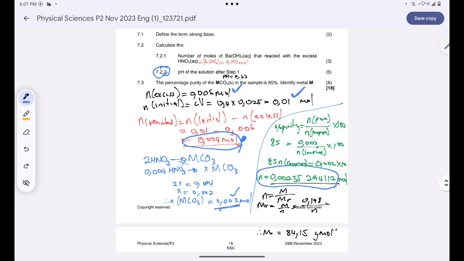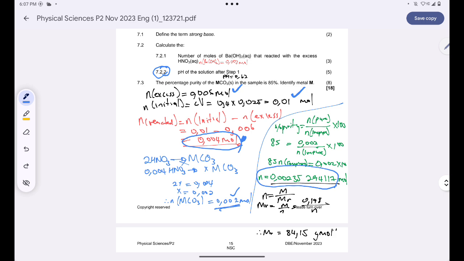Are you together? And then after finding the impure number of moles, I was given the impure mass. I used my formula to calculate the molar mass of the substance, which is M carbonate.